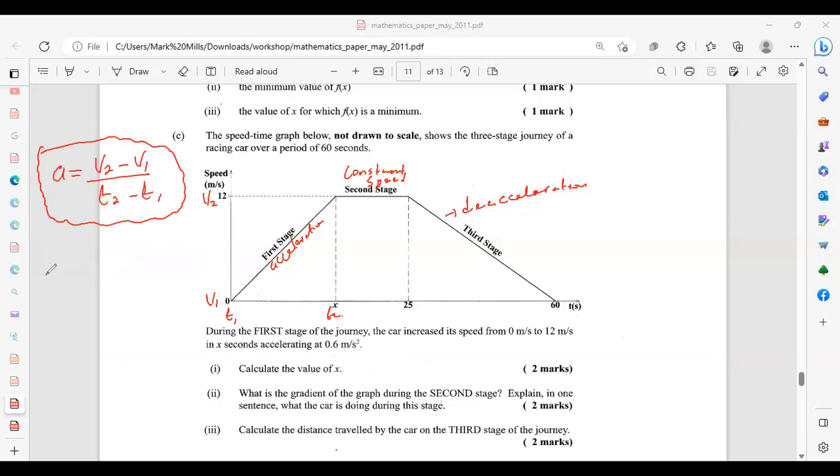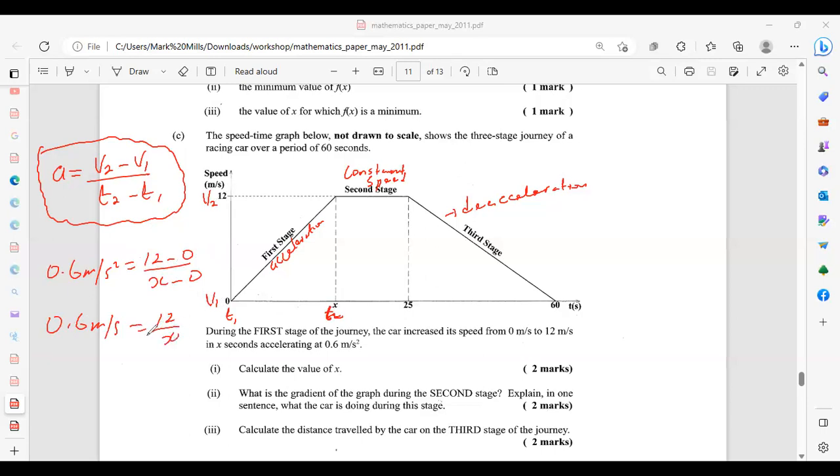So we say 0.6 meters per second squared equals V2, which is 12, minus 0, which is V1, over T2, which is x, minus T1, which is 0. So I get 0.6 is equal to 12 over x.